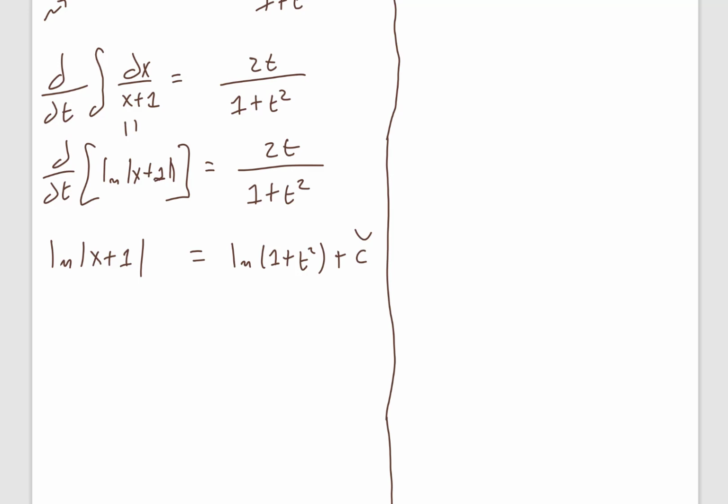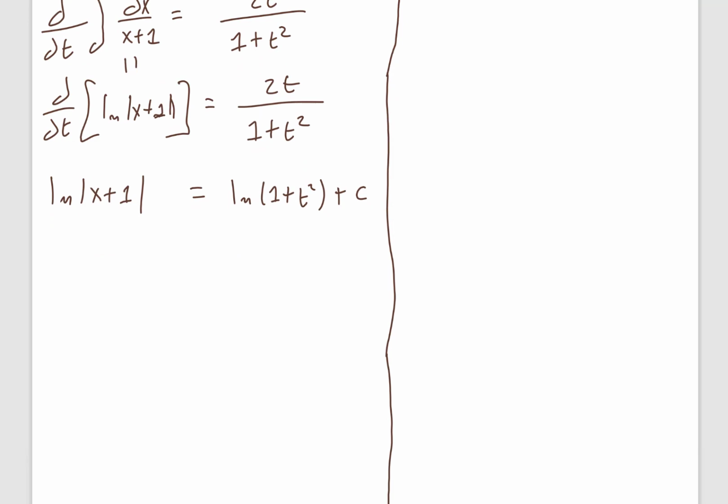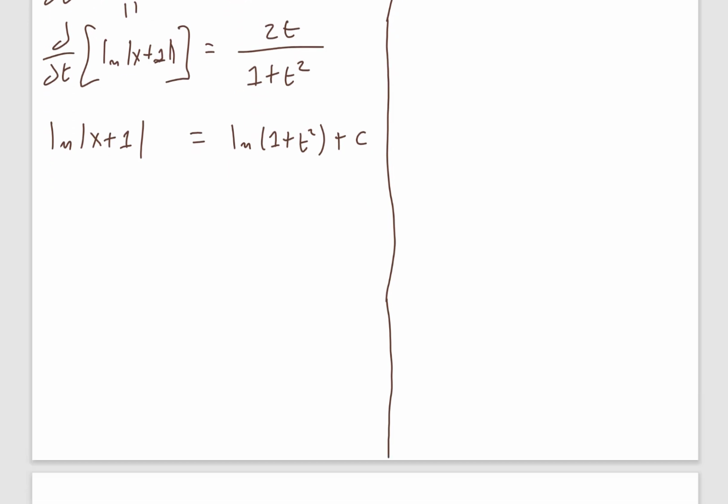Okay, so next we want to solve for x, so we're going to raise both sides to the power of e. On the left-hand side, we get the absolute value of x plus 1. On the right-hand side, we're going to get some constant, e to the power of c, times 1 plus t squared. But e to the power of c is just an arbitrary constant, so we always like to write that as another arbitrary constant, a, times 1 plus t squared.